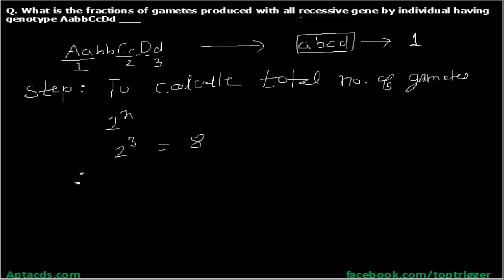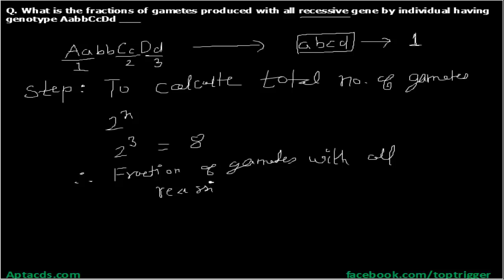Therefore, the fraction of gametes with all recessive genes is equal to 1 by 8.